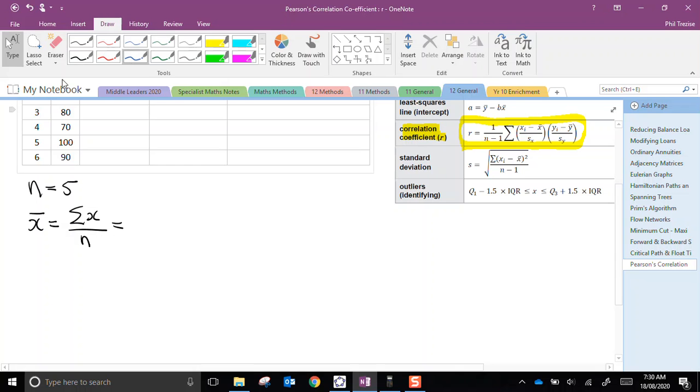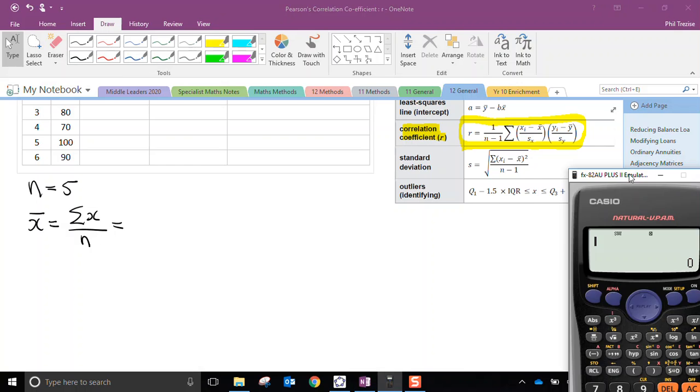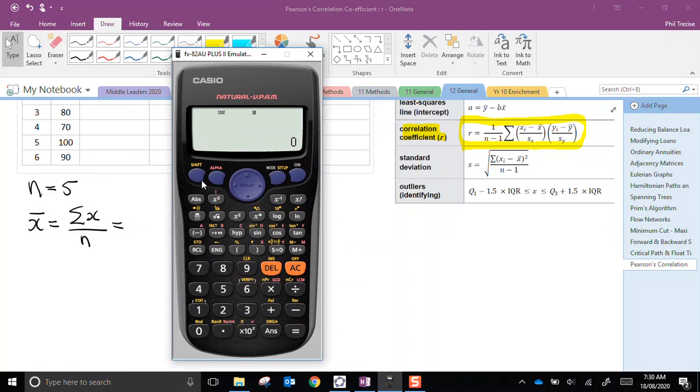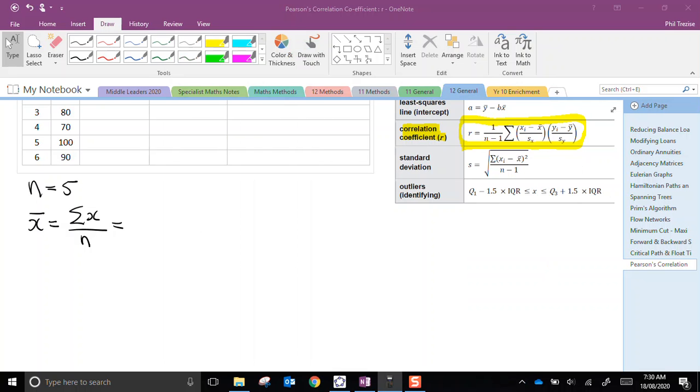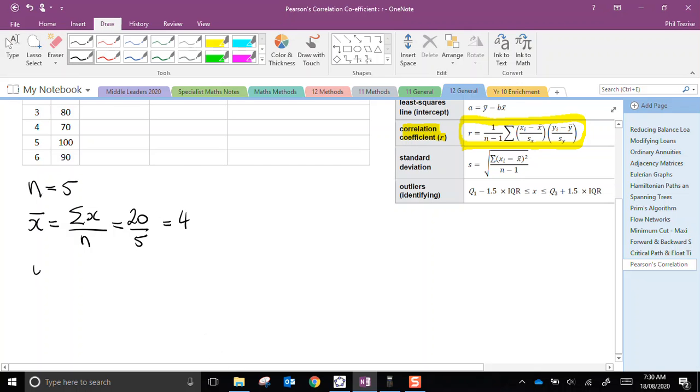Now, to show my working here, I could add the x's in that column, or I could use the stats menu. One of these options, number 3, is for sums, and the sum of the x's is 20. There were 5 data points, and 20 divided by 5 is 4. The mean of the x's is 4.